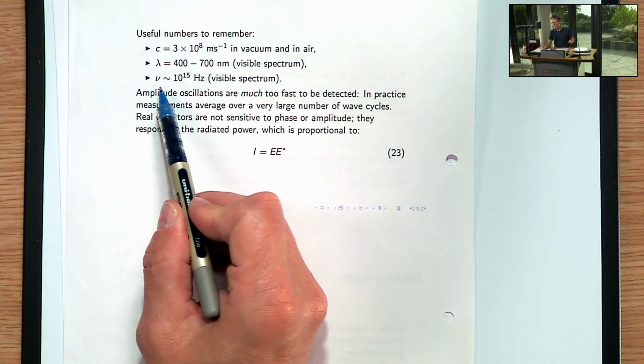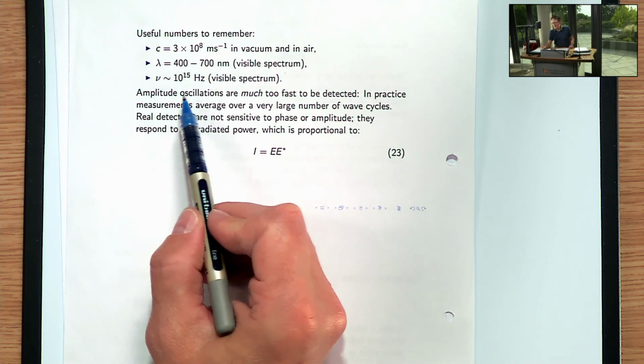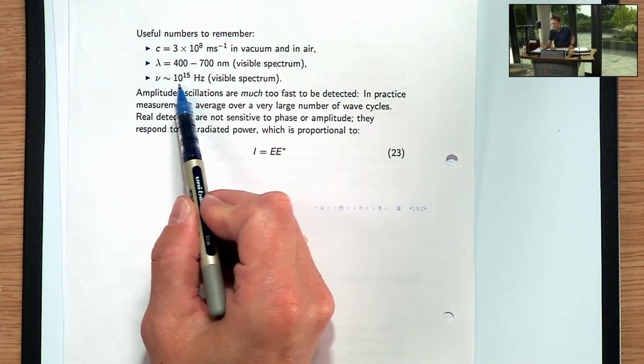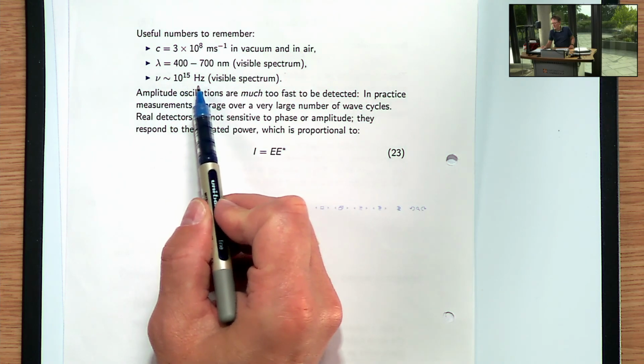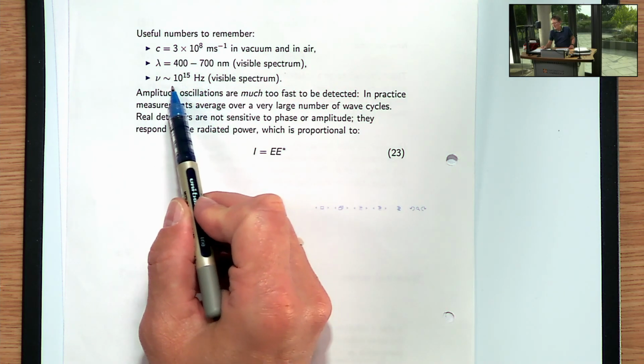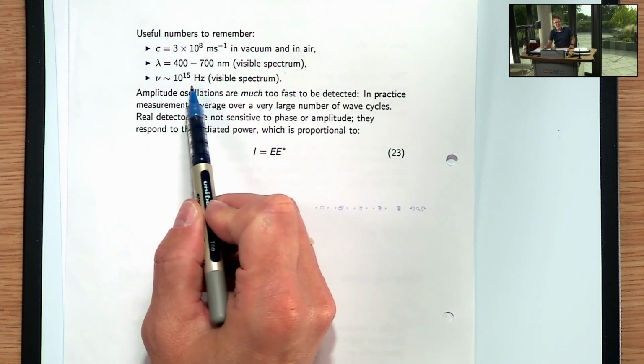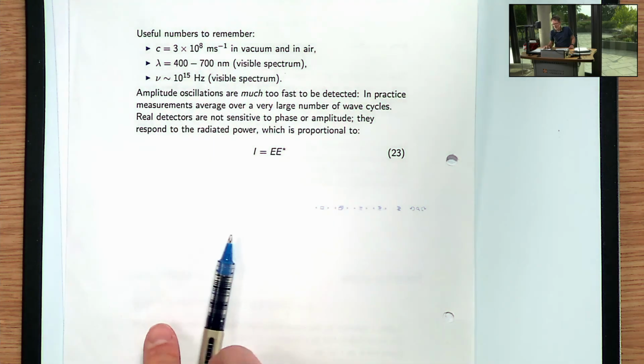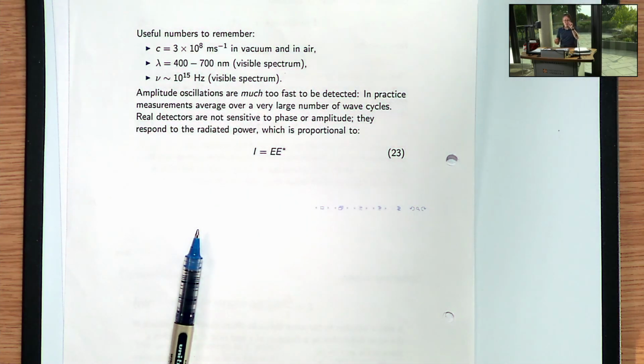And in the green, where the sunlight peaks, the frequency of light is about 10¹⁵ hertz. That's an enormously big number. What this means is that if you look at a point where a wave comes past, the electric field at that point will oscillate in amplitude about 10¹⁵ times per second.